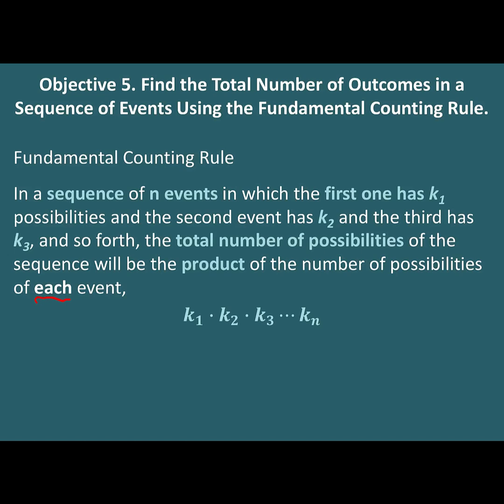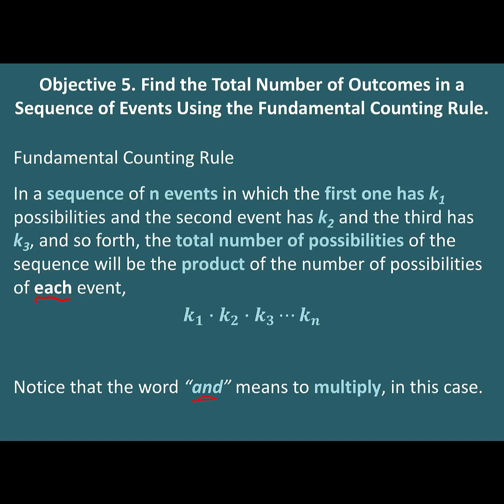In particular, k sub 1 times k sub 2 times k sub 3, all the way up to k sub n. Notice that the word "and" means to multiply in this case.